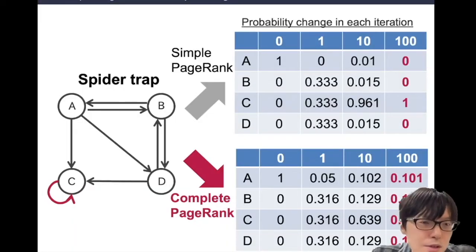But if we use the complete PageRank algorithm for this graph, we can obtain the score of all pages like this. The result comes from the complete PageRank algorithm.